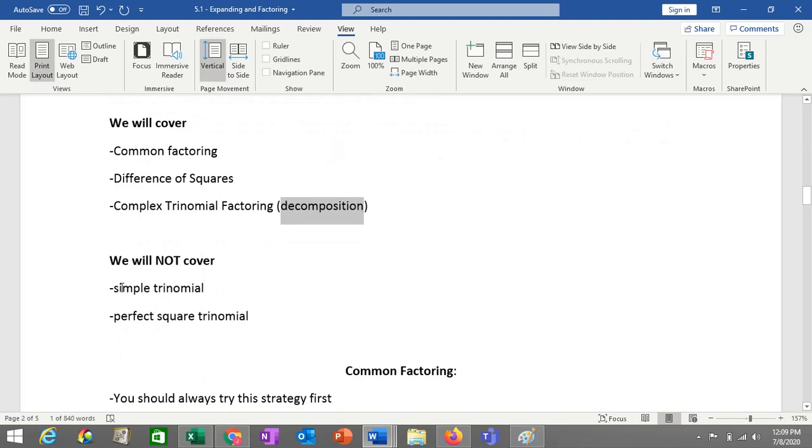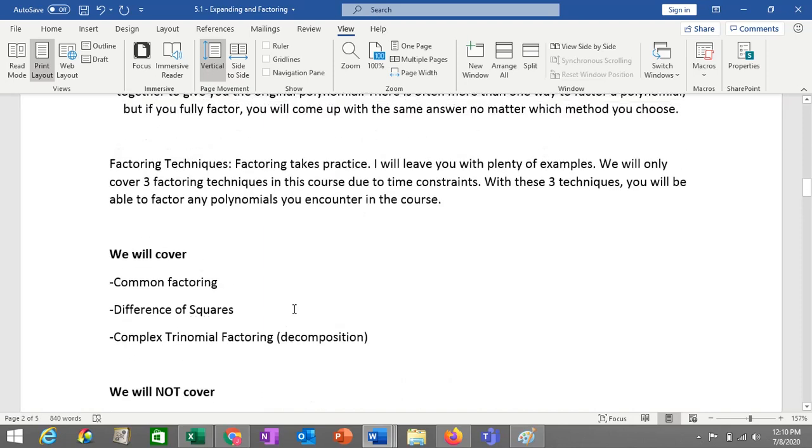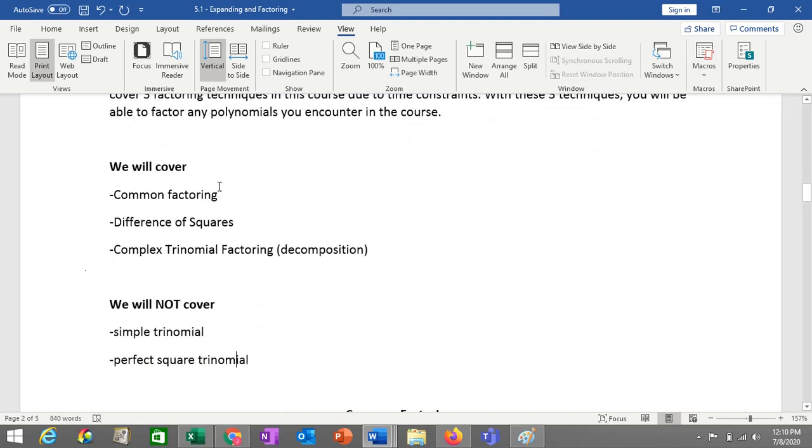We're not going to cover simple trinomial or perfect square trinomial factoring. And the reason we're not going to do that is basically just time, because we're covering all of factoring in one lesson. It's a lot to ask to get you to learn 5 techniques. 3 techniques alone is hard enough. And we're going to focus on these 3 techniques because if you master these 3 techniques, you don't actually need these.